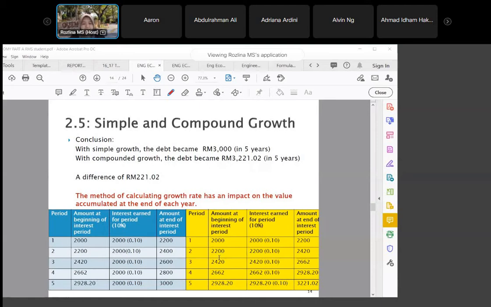It's an accumulated number, so that's why you can see the difference in amount for the simple one and the compounded one, until the last one, 3,000. For this period of 5 years you can see the difference is quite a large number. So I think Dr. Azaniza has explained this to you well.